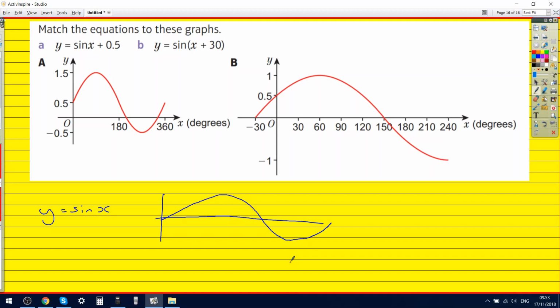And what the sine graph usually looks like is on the bottom there. Let's say this one, y equals sine x plus 30. What would that be as a vector? What's happened there?